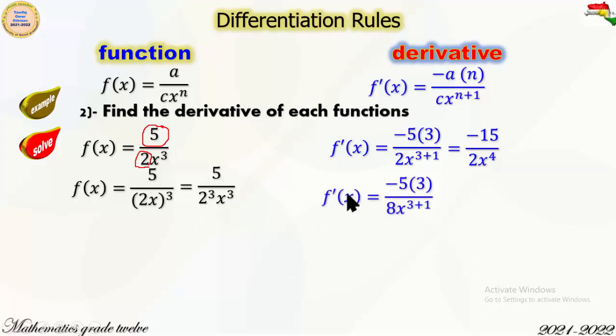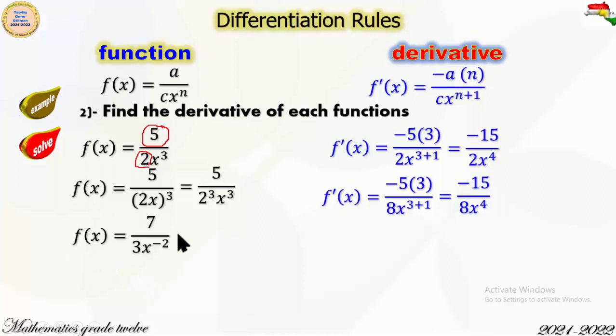And now f prime of x is equal to, write minus, then the numerator 5, then the power of x, which is 3, over, you have 2 to the power 3, which is 8, then write x to the 3 plus 1, which becomes minus 15 over 8x to the power 4.